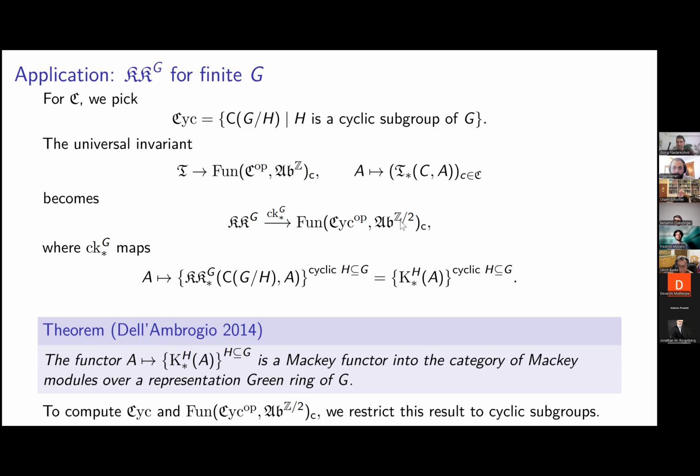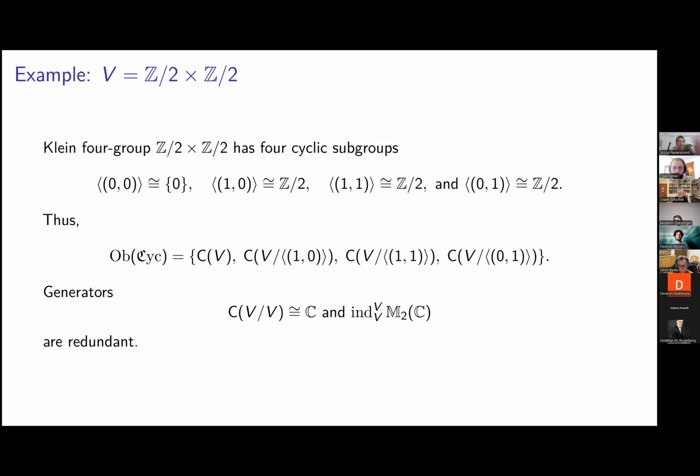But I gave you the machinery, and I also should give you an example now to bring everything down to earth. The very simplest example I will consider, which is not a cyclic group but the first non-cyclic group one encounters, is the Klein 4 group. It's basically Z mod 2 times Z mod 2, so it has 4 elements: (0,0), (0,1), (1,0), (1,1).